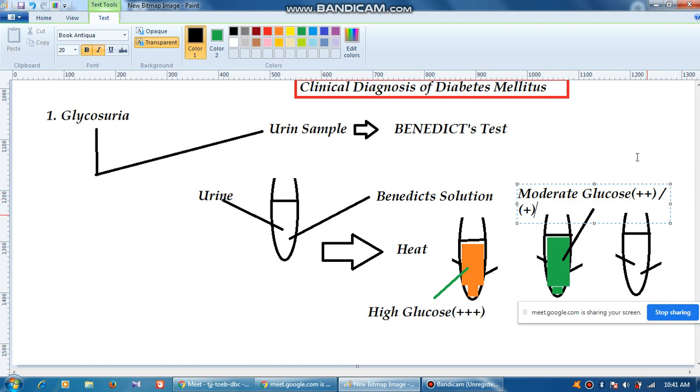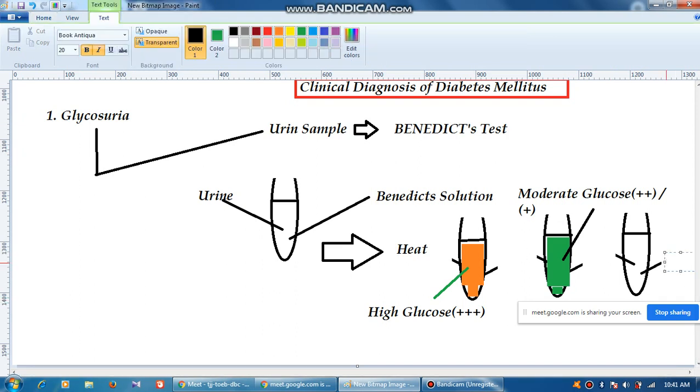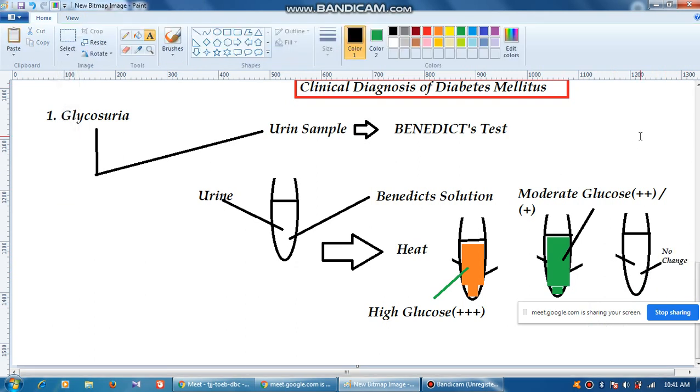If the color is very high, then it will be dark green. If it is low, then it will be a little less green. Now if there is no color change, it will be negative. These could be the 3 different scenarios.